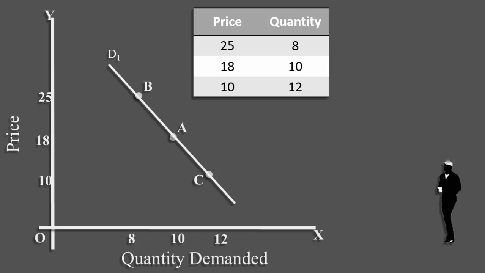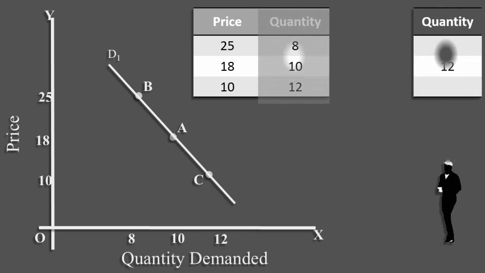How can you accommodate it in the present demand schedule? You cannot. You have to go for a new demand schedule. 12 units at 18 rupees price is represented as D in the graph. The point D cannot sit anywhere on the demand curve D1.